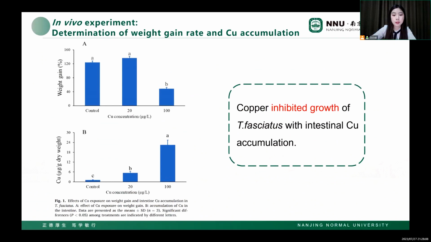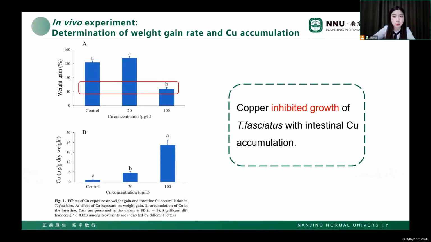Now, here is the determination of weight gain rate and copper accumulation. As you can observe in Figure 1, there was no significant difference in weight gain rate between the control and 20 micrograms per liter copper groups, while there was a noticeable decrease in weight gain rate in the 100 micrograms per liter copper group compared to the control group.